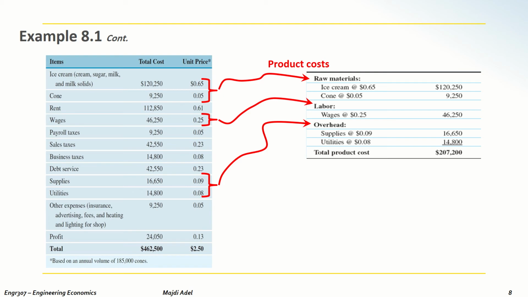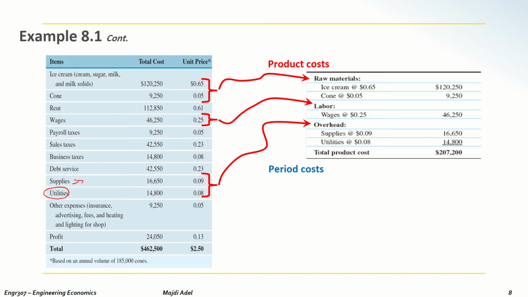Supplies are things I use in my final product, like paper tissues and boxes. Utilities is the power cost for production equipment like the refrigerators in the ice cream shop. The electricity consumed by refrigerators is a manufacturing cost, and therefore it is a product cost.